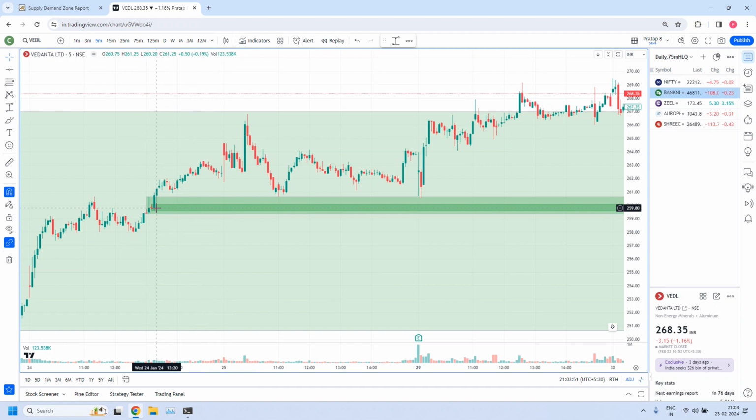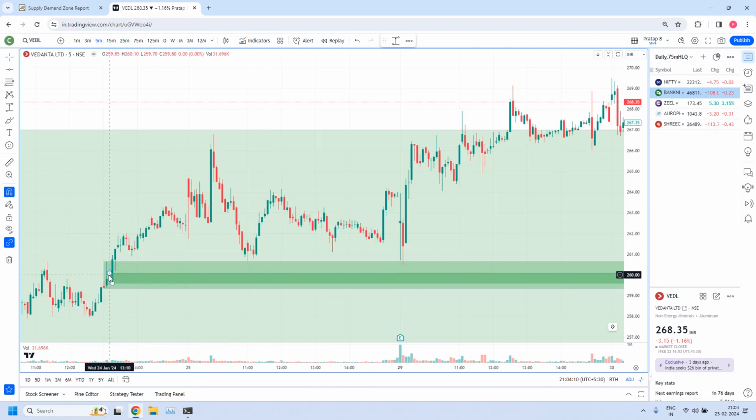If the structure is good, that indicates that in this area, it need not be in the 5 minutes. Within the 15-minute area also, there could be a strong order flow. If this 5-minute structure is not good, that indicates probably this zone is a weak zone. It will be easily violated. You fine-tune up to 5 minutes to confirm the quality of the zone is good.